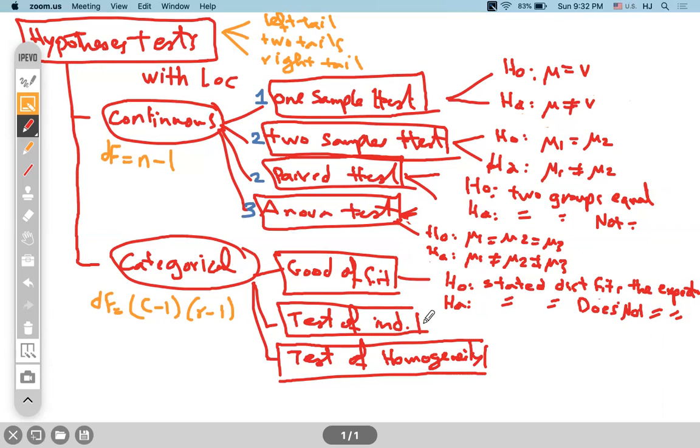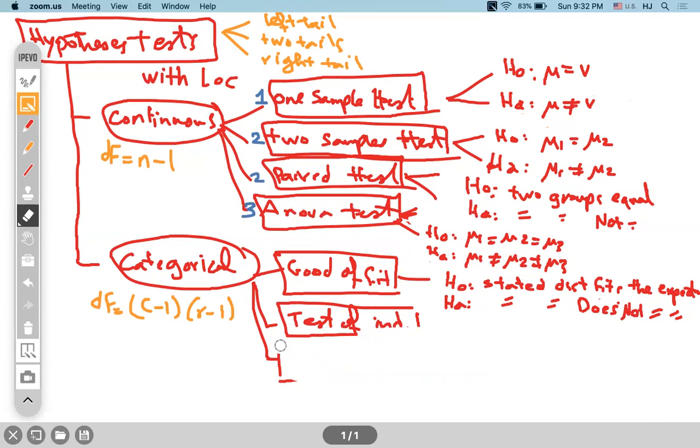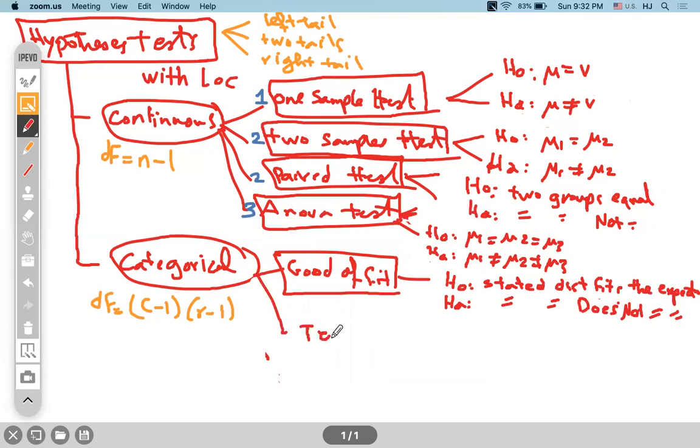For the test of independence, we have the null hypothesis.